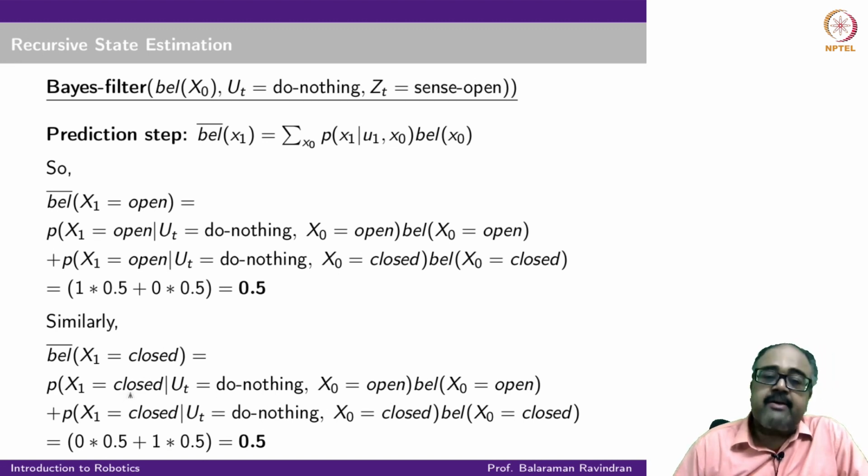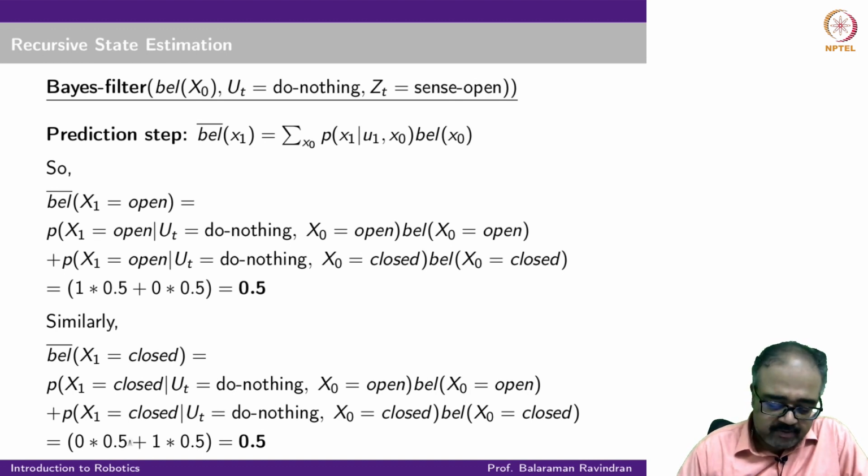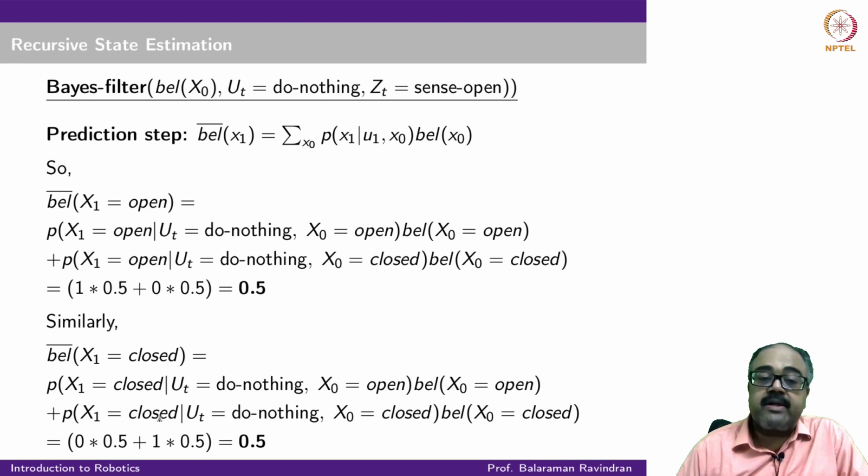What is the probability that you'll end up with closed? So that is 0, right? And belief of x naught equal to open was 0.5, and then x naught equal to closed. You start off with x naught is closed, then you do nothing, and then you end up with x1 equal to closed. And what is the probability of that happening? We know it is 1, so that is 1. And belief of x naught equal to closed is 0.5, so the whole expression evaluates to 0.5, right?